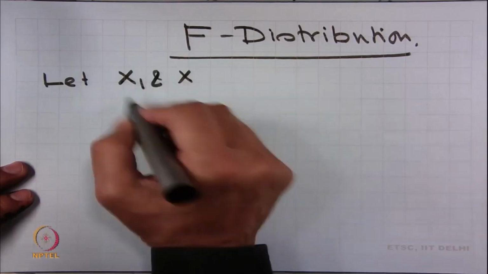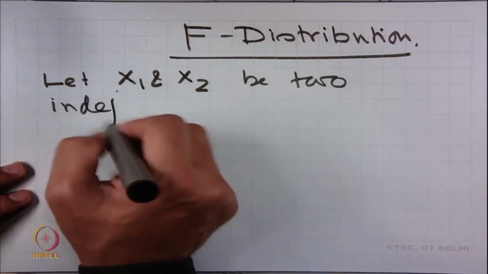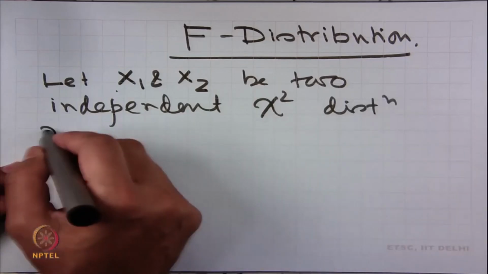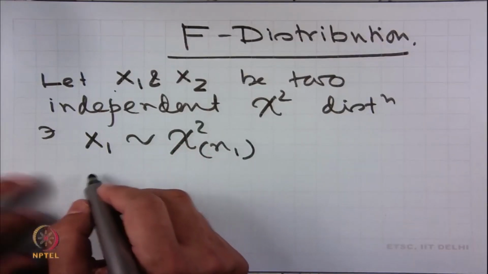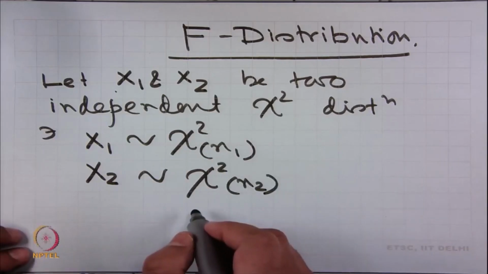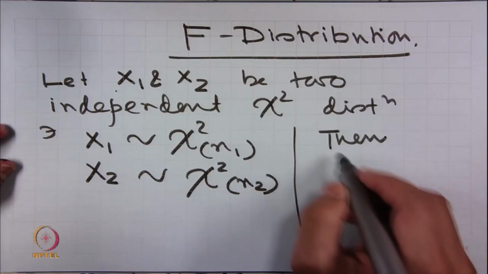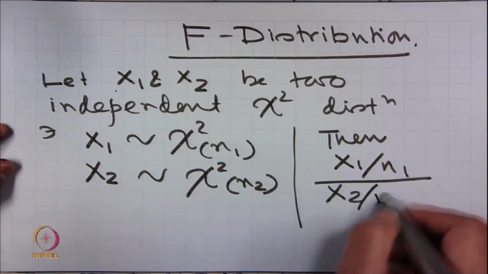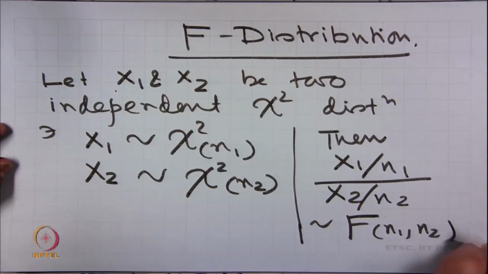Let x1 and x2 be two independent chi-square variables such that x1 is chi-square with n1 degrees of freedom and x2 is chi-square with n2 degrees of freedom, then (x1 upon n1) divided by (x2 upon n2) is called F distribution with n1, n2 degrees of freedom.